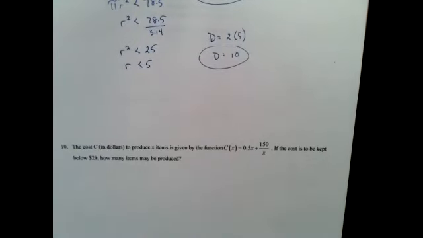The cost C in dollars to produce x items. It's my cost function. We talked earlier about a cost function and a revenue function and some other ones. If the cost is to be kept below $20, how many items can be produced?